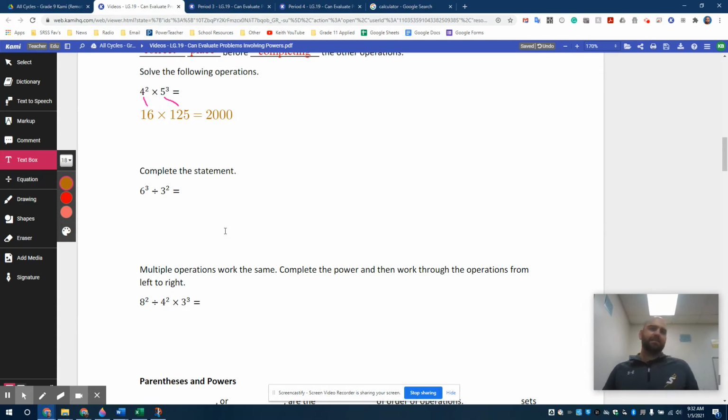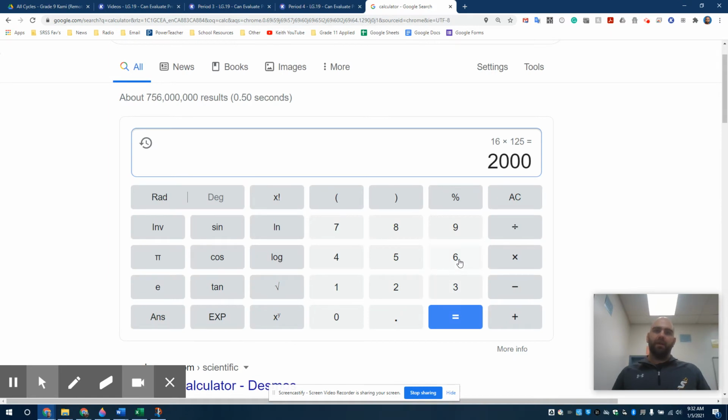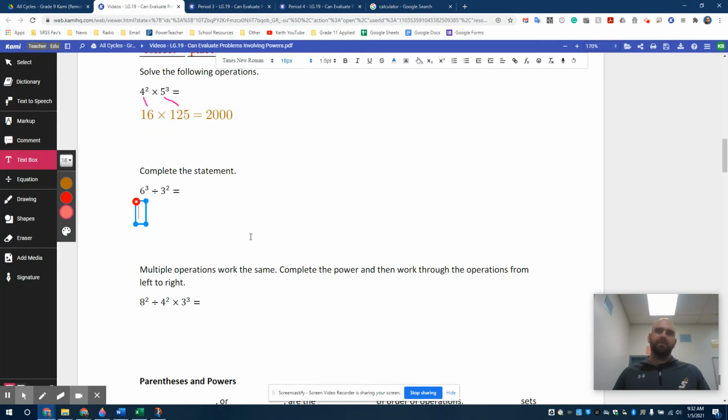In the same way, let's complete this statement here. We have 6 to the power of 3 divided by 3 squared. Let's start again by solving the powers. 6 to the power of 3: we actually did this one earlier already in a different question. 6 to the power of 3 is 216.